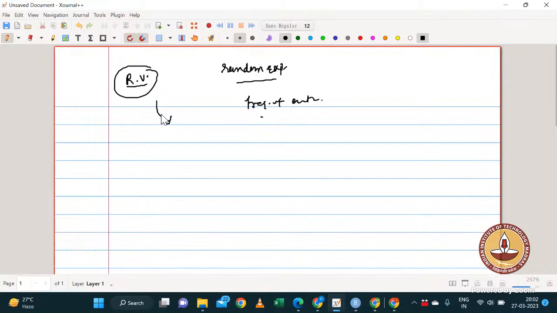Yes, kind of. Basically, let me give an example. Suppose I'm rolling a die, two times, three times. This is a random experiment, right? What is the idea behind a random variable?